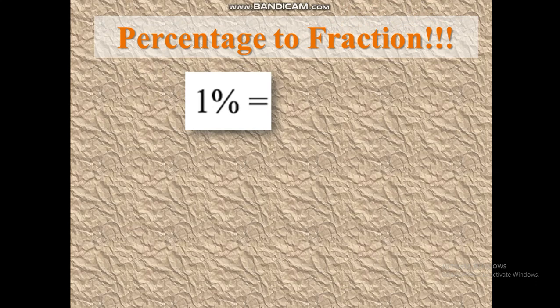From the previous slide we learned the definition of percentage. When percentage is converted into fraction, the denominator will be 100. So 1% means the denominator is 100, and as it is 1%, the numerator will be 1.